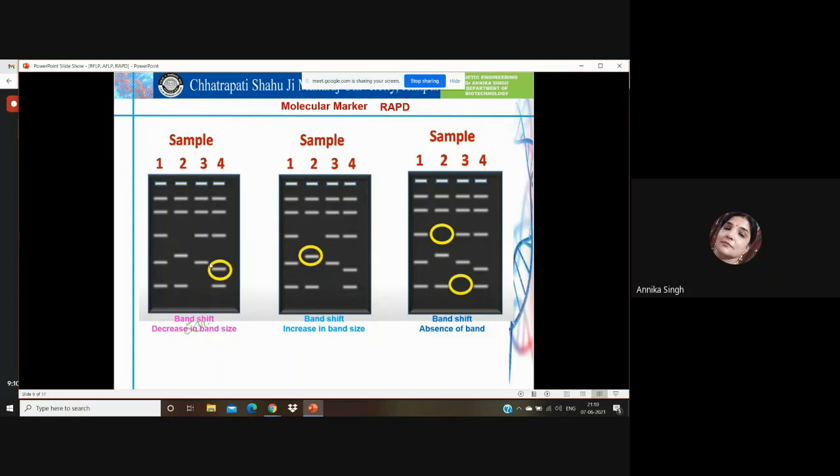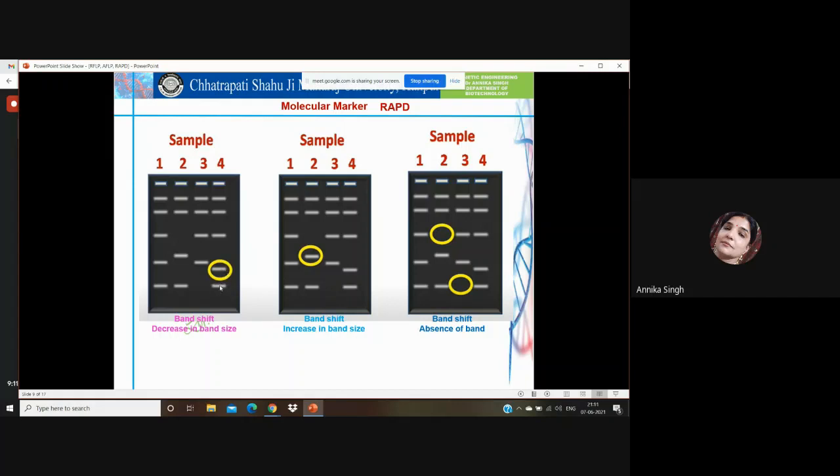So if we consider this case 1, this band from sample 4, we can compare the band pattern in sample 1 and 3. They are at the same position, but in case of sample 2 and sample 4, the band position is shifted. In sample 4, the band position is shifted downward.